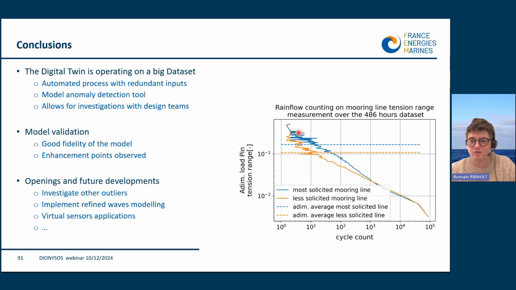So this is just to highlight that because you have the model, you can have access to a lot of virtual sensors, and you can have a clue on the precision of those estimations thanks to sensor measuring points and comparison points.